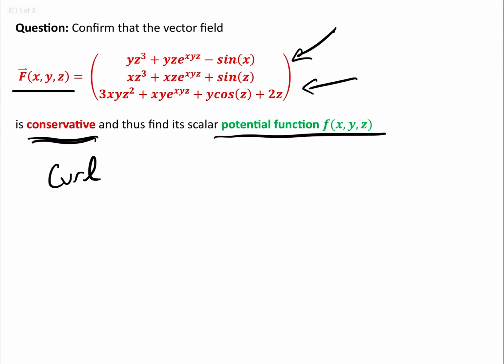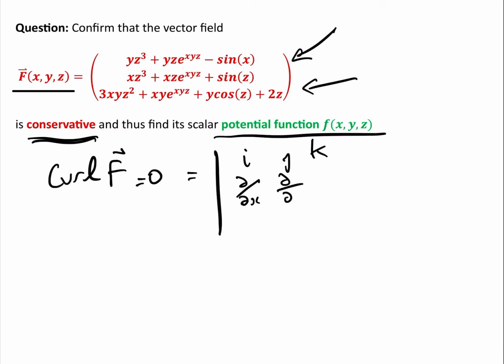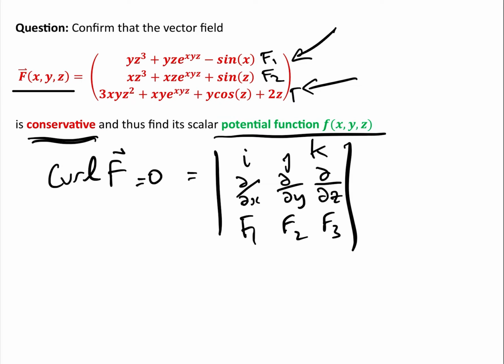From the previous video we know that this means the curl of f has got to be equal to 0, which is the determinant of i, j, k; partial derivative with respect to x, partial derivative with respect to y, and partial derivative with respect to z; f1, f2, f3, where this here is f1, this here is f2, and this here is f3.